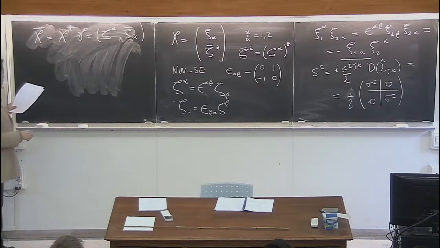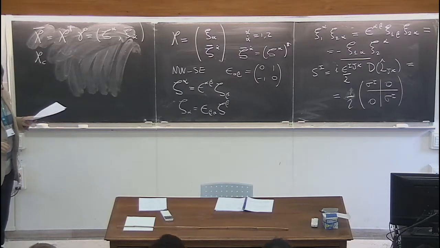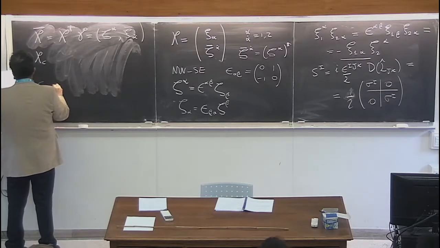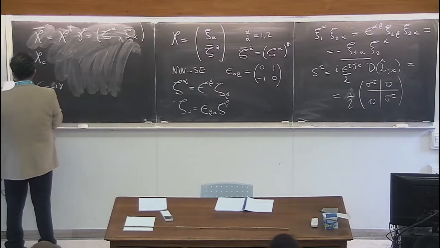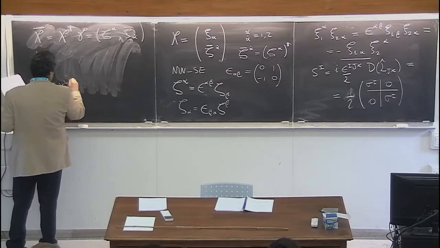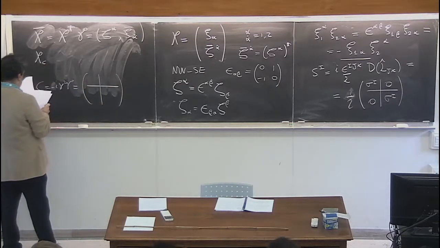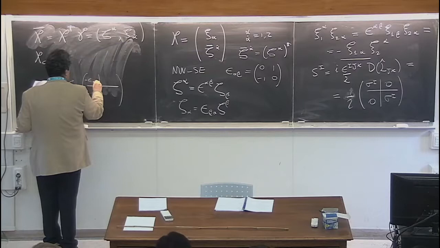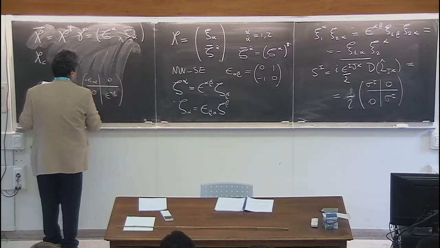Now we can compute also the charge conjugate of psi. Remember that C is i gamma 2 gamma 0, and it is a matrix of this form here: minus epsilon alpha beta and epsilon alpha beta, 0, 0.